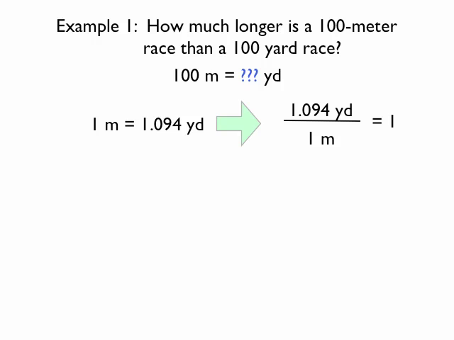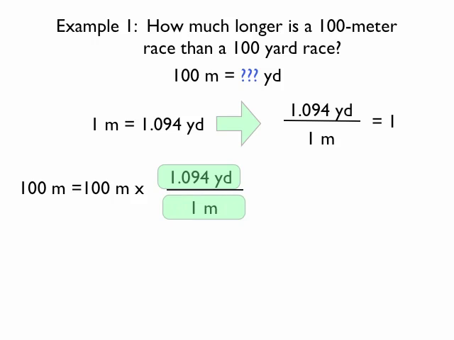Now we convert 100 meters to yards by multiplying by this conversion factor. As always in conversions, we are really just multiplying by 1 since 1.094 yards and 1 meter represent the same length. The units of meters cancel, so the answer is that 100 meters is equal to 109.4 yards.